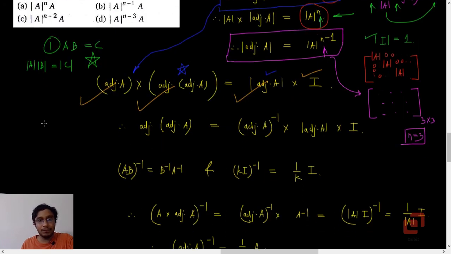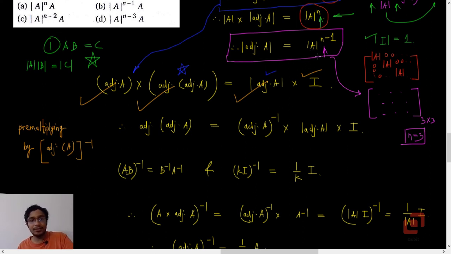Now we are pre-multiplying by the inverse of the adjoint. Now you have to assume that A is non-singular. If A is non-singular, then its adjoint will also be non-singular.